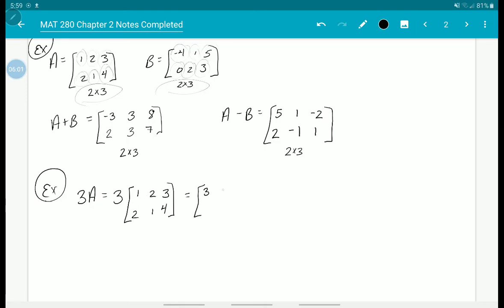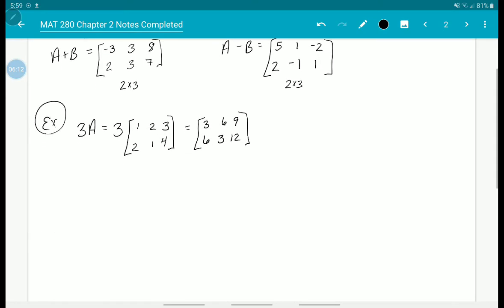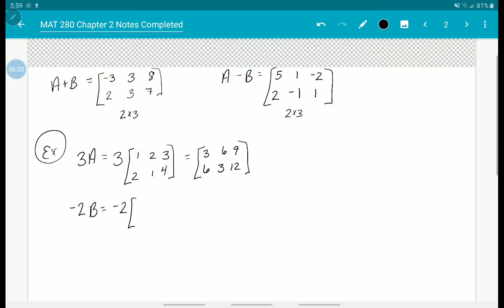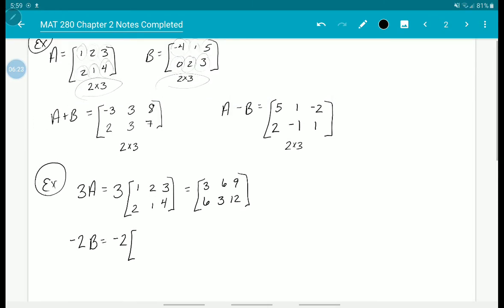We're going to have 3, 6, 9 across the top, 6, 3, and 12 across the bottom. So there's scalar multiplication. We can multiply positive numbers. We can multiply negative numbers. Let's say we have negative 2 times B. For us, that's going to look like this.